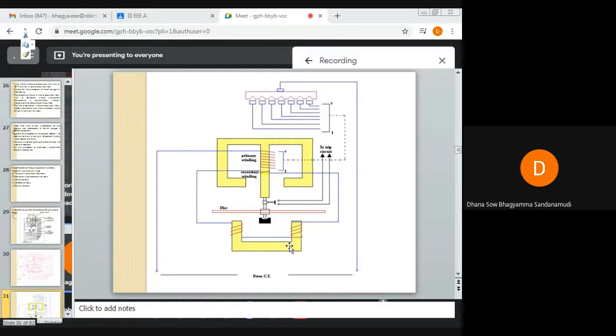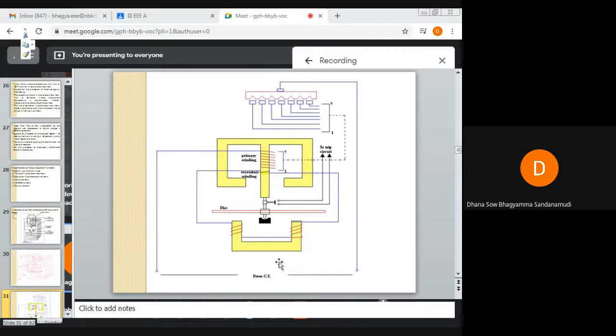So this relay consists of two electromagnets, one E-shaped and one U-shaped. In between them, there is an aluminum disc which is free to rotate.